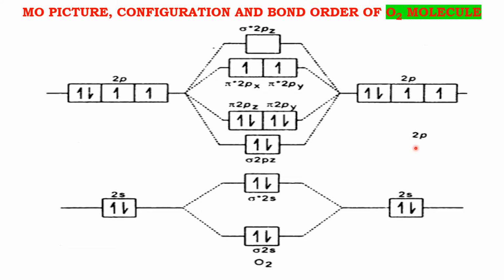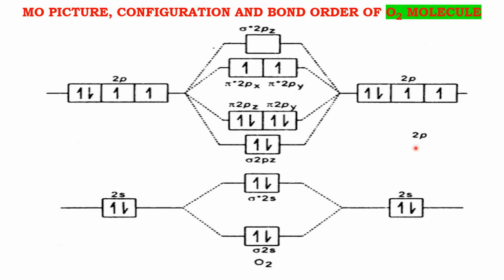So the order of minimum energy is sigma 1s, then sigma star 1s, then sigma 2s, then sigma star 2s, then sigma 2pz. Then only we have pi 2py and pi 2px.